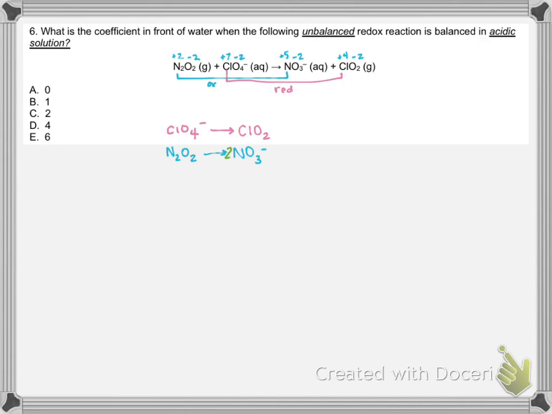So if we look at our original reaction, we can see that each nitrogen changed its oxidation state by 3. So we'll say each nitrogen lost 3 electrons. And in our reaction we have 2 nitrogens down in our half reaction. So we'll say that 6 electrons must have been lost.